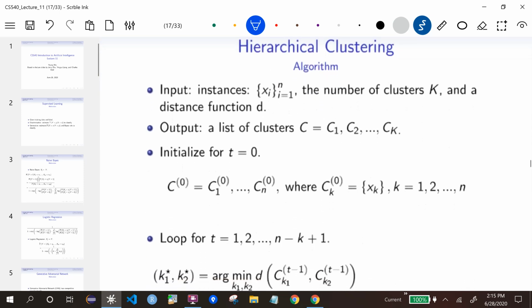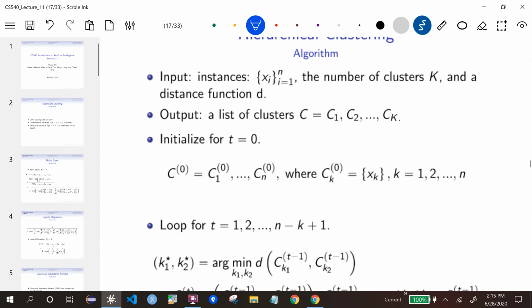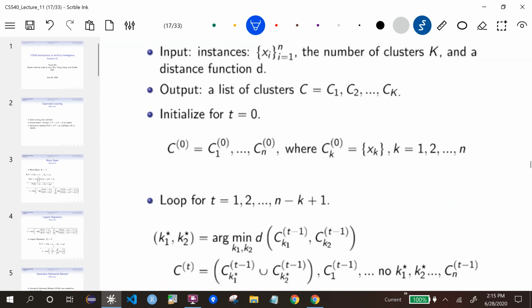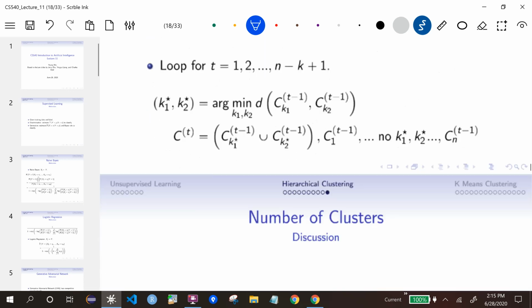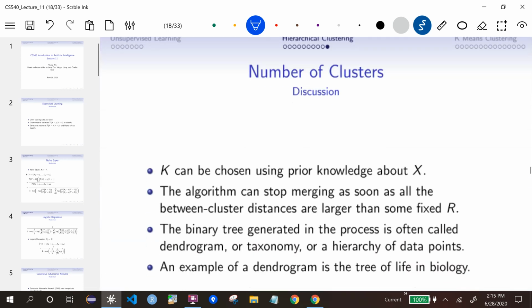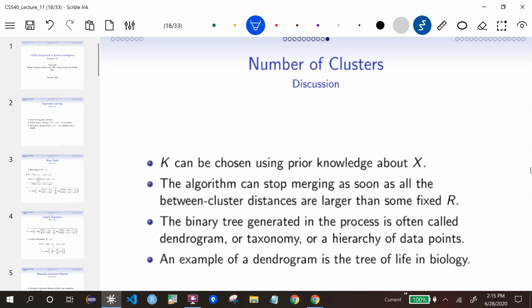So that's basically it, and this is a mathematical summary of the algorithm. Again, unnecessarily complicated, but as long as you understand what's going on, you can just skip this math. The only thing that's left that we need to talk about is how to determine the number of clusters. Usually we still use prior knowledge.